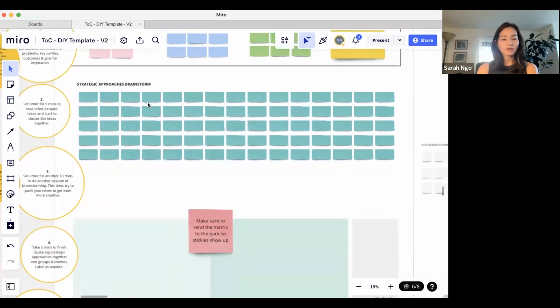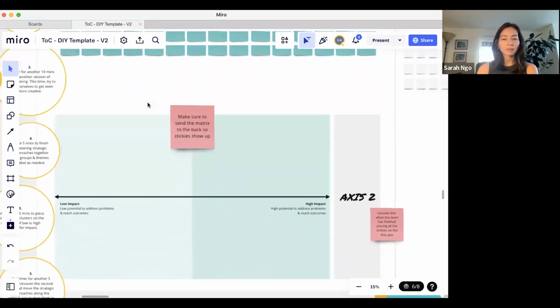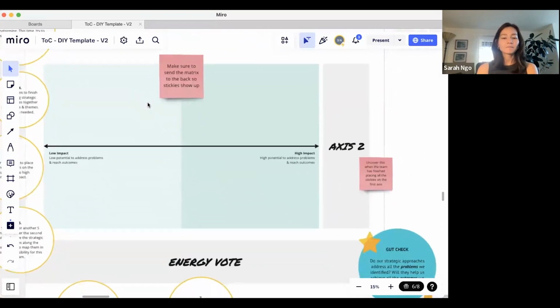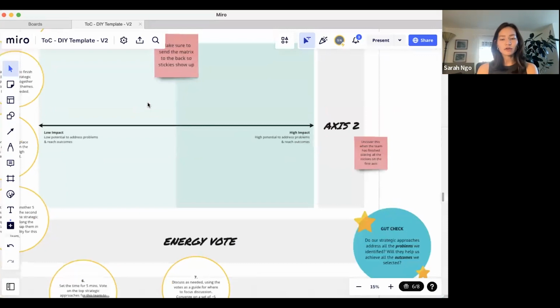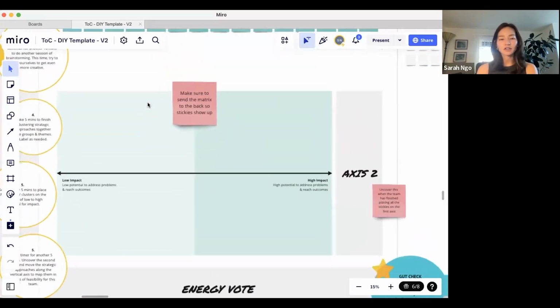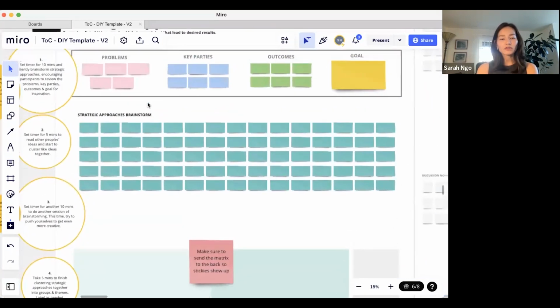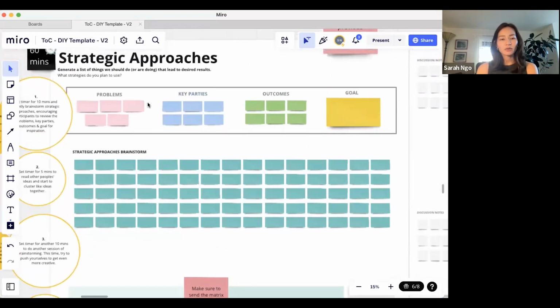This is structured in what should be a familiar format by now. It's first a brainstorm, and then a mind mapping or prioritization exercise, an energy vote, and a discussion and gut check moment. With the strategic approaches in particular, we feel it is especially important to get all the ideas out at this point. So do anything you can to help participants get creative and refrain from editing themselves before they put ideas down on the sticky notes.